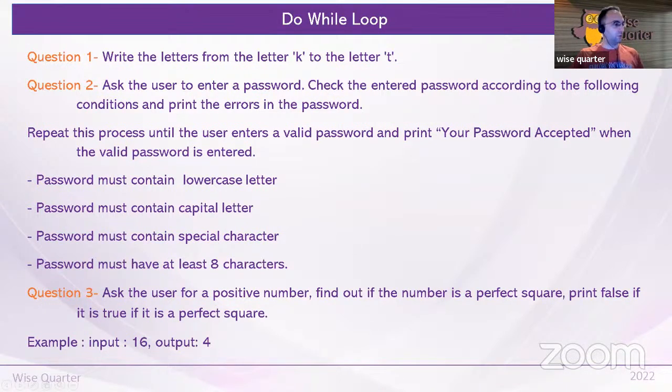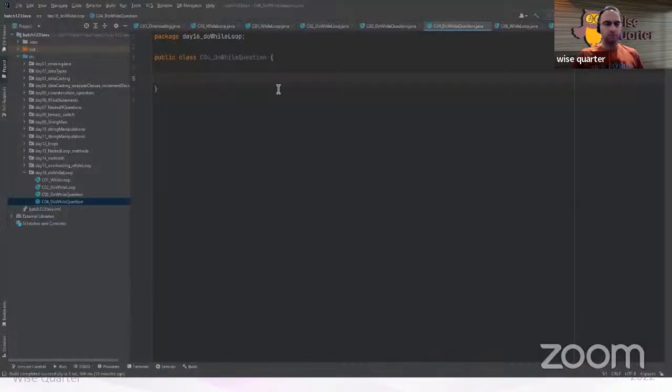I will take the question from the slide. At first, it seems like a very hard question, but believe me, it is not. There's a very simple logic that we can use.